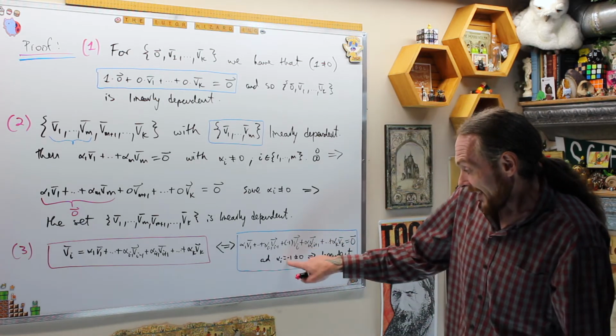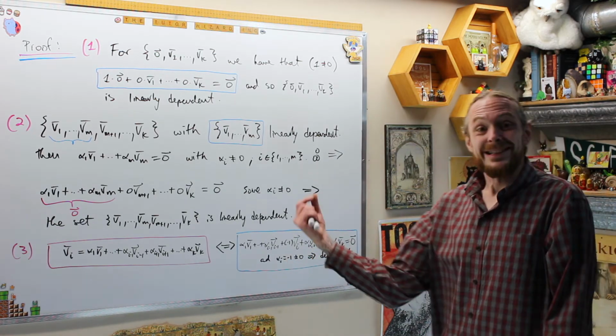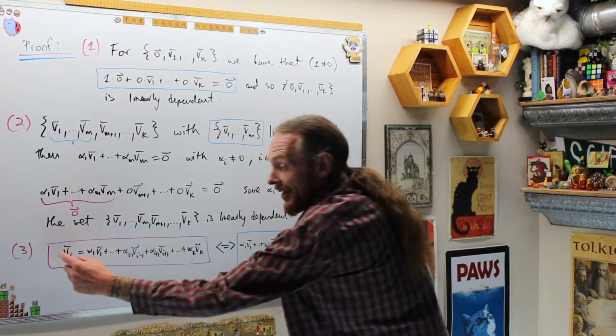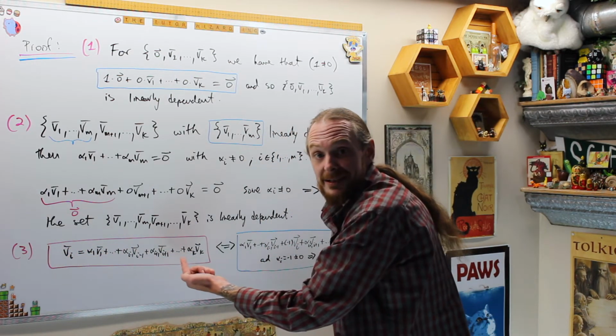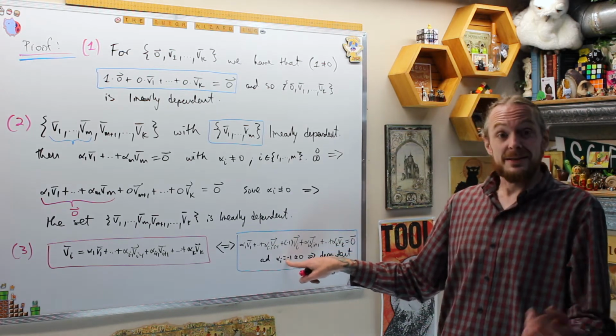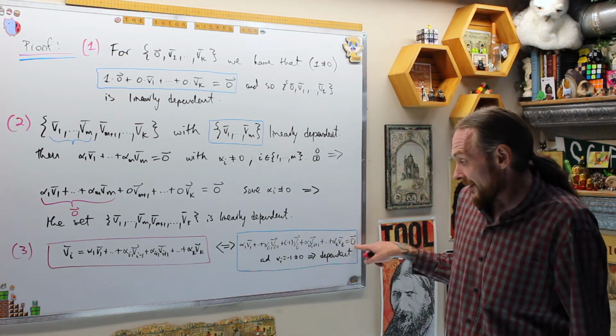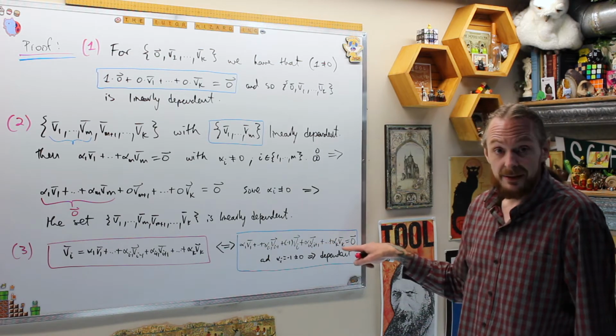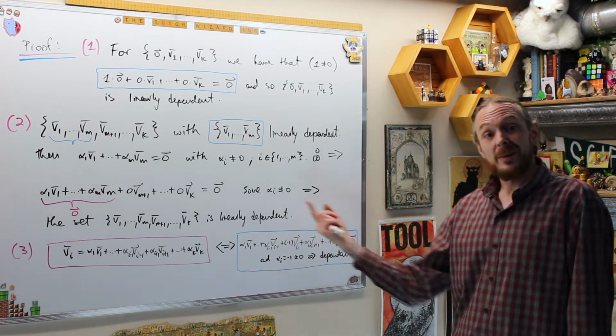But negative 1 is not 0, so we get dependent. So if I can write v1 as a linear combination of these other vectors, we see immediately, because negative 1, when I bring it to the other side, that coefficient is non-zero, we get that 0 is in the span of all of those vectors, and one of those guys is non-zero, so we get dependence.